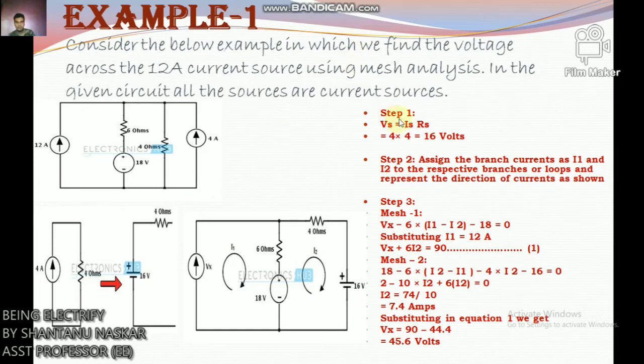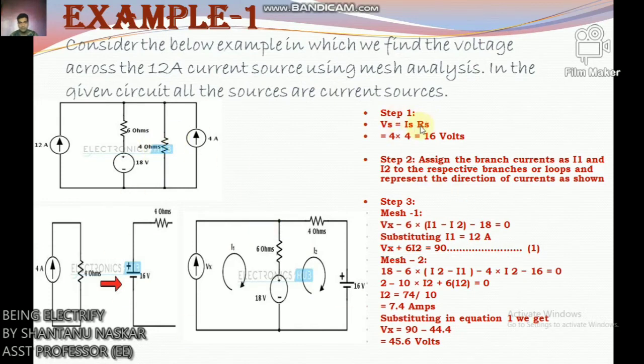So step 1, in the circuit there is a possibility to change the current source to a voltage source. On the right hand side, a source with parallel resistance, the current source is converted into a voltage source by placing the same value of resistor in series with a voltage source, and the voltage in that source is determined like this: Vs equals to Is into Rs.